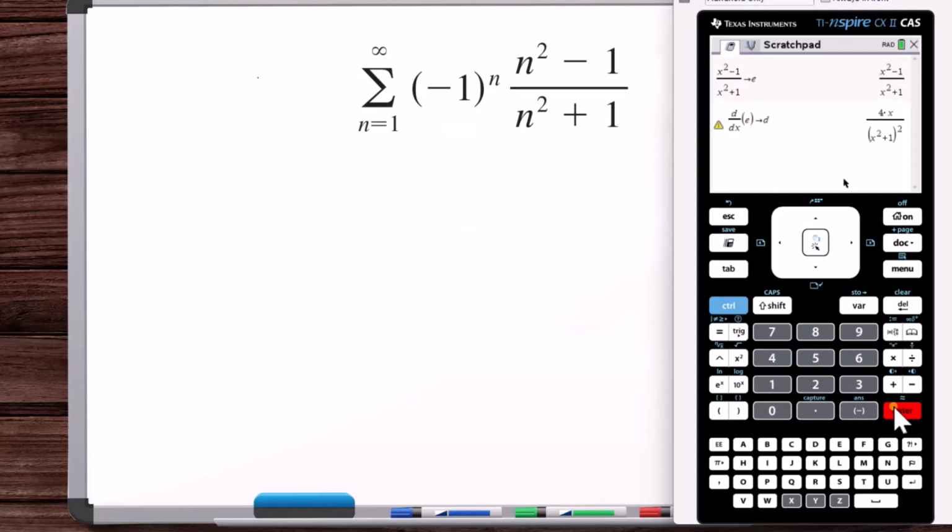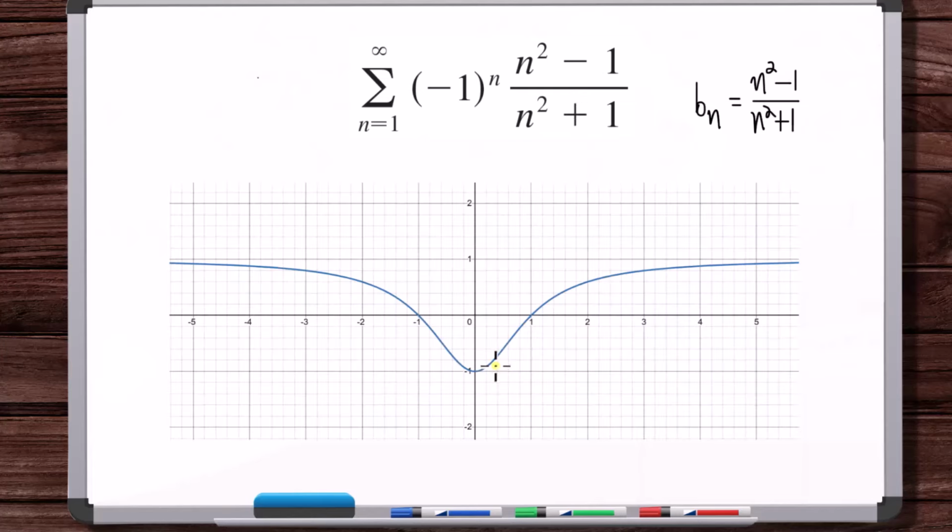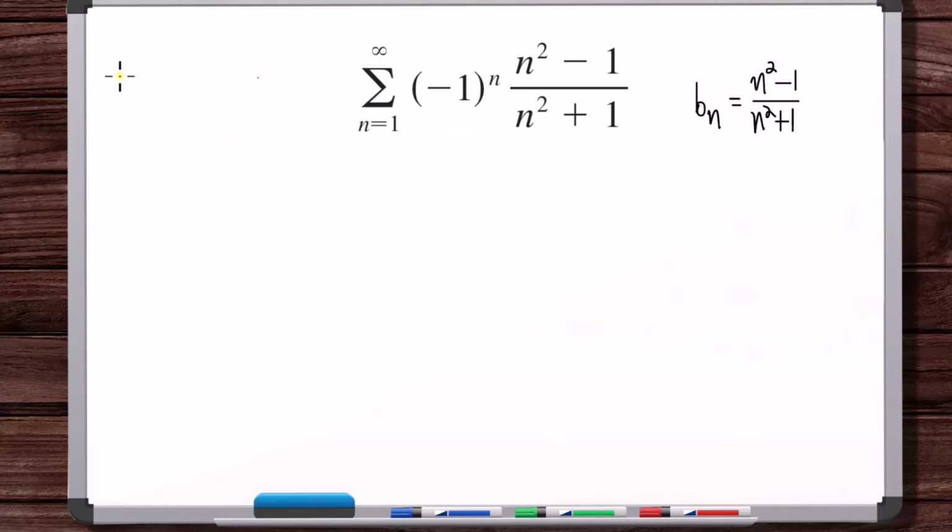Okay, at x equal to 0, it's equal to 0, and it's positive everywhere else. But then we see that that derivative is not negative. It's actually positive. So if we bring in the graph of x squared minus 1 over x squared plus 1, yeah, it is increasing. It has a horizontal asymptote at 1, but we can't do the alternating series test here. We can't do the integral test here either.